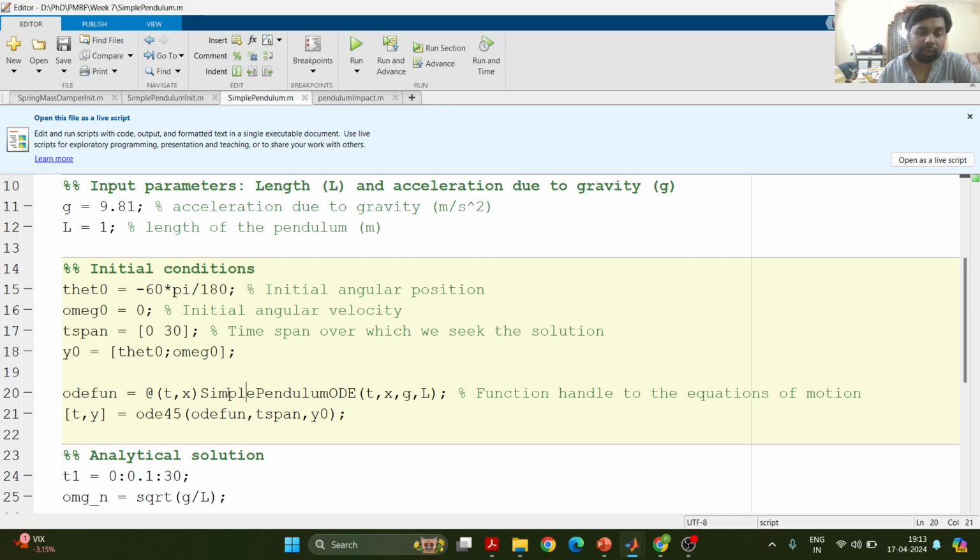We define a function named simple pendulum ODE, which takes the time, the current state x, and the parameters like g and l. We have the option to define those parameters either within the function itself, or we can pass them as parameters to the function separately.